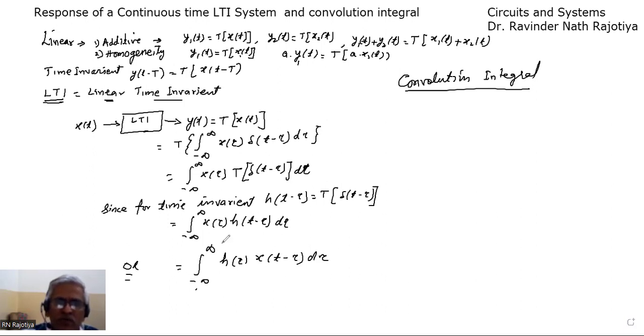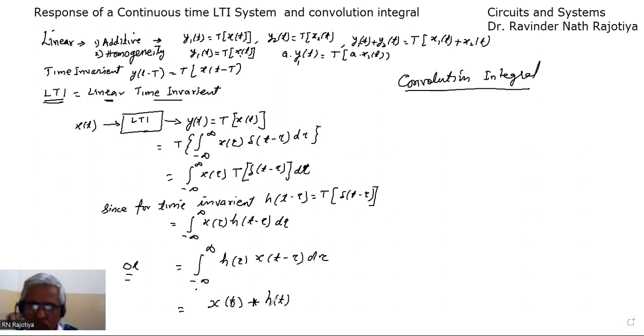And this operation is nothing but the convolution operation. So we can express this as the convolution of x of t with h of t, where this is the convolution operator.